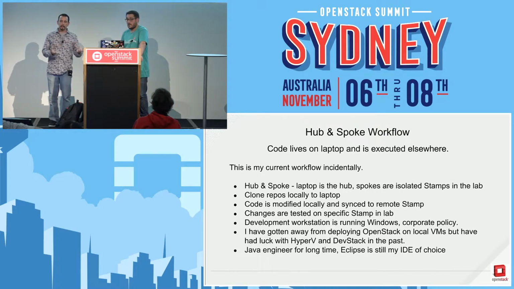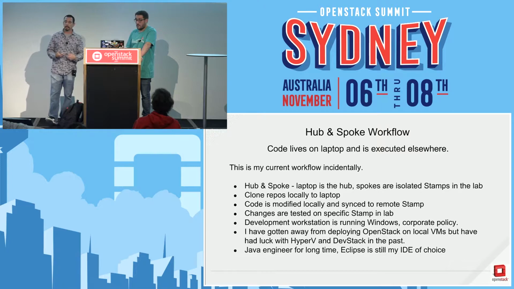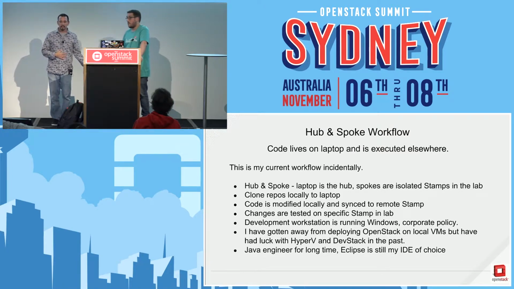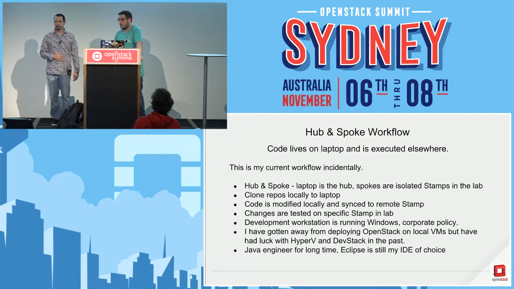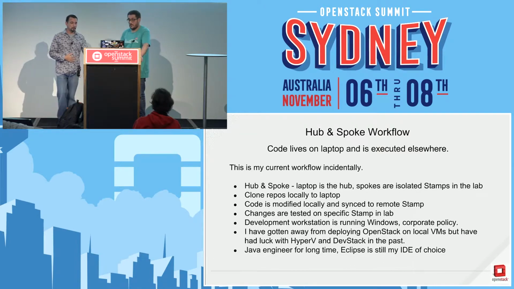And in the end of the day, my commit is made locally using Git tools for Windows, and I actually use git review right through Windows. I was a Java engineer for a long time, so Eclipse is still my IDE of choice, and that's what I'm used to, so that's what I use.